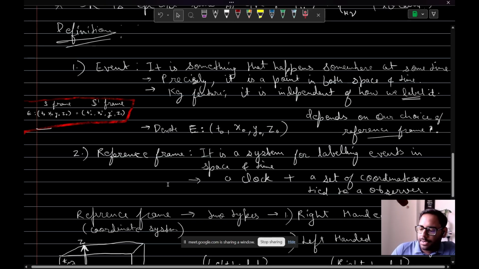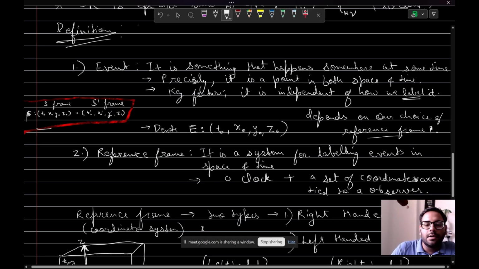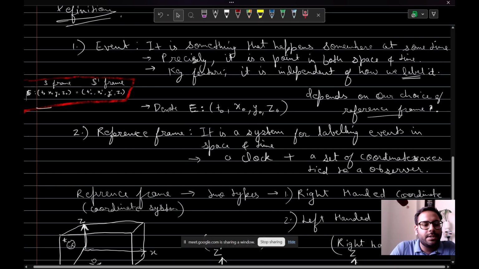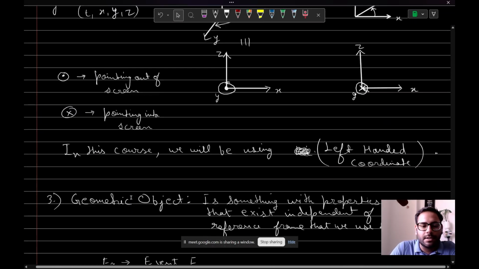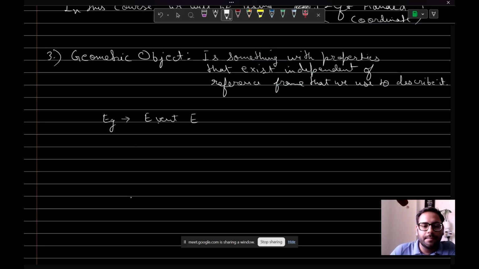So an event is an invariant, an independent quantity which does not depend on representations; we can have different representations of the same geometrical object. So this is my first example.